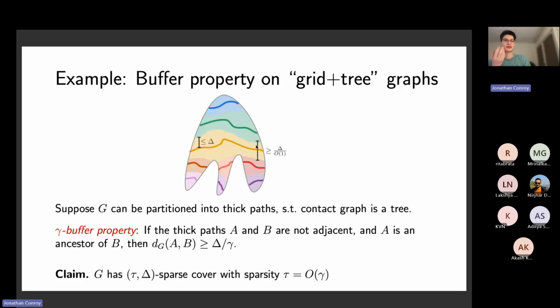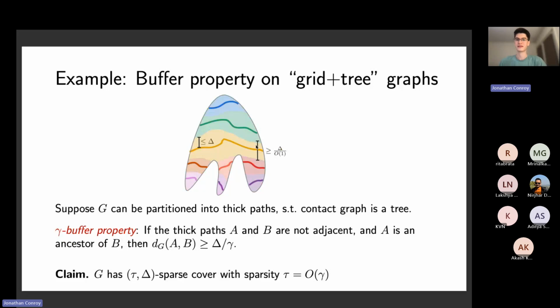So how do we define this gamma buffer property? Again, we say that either two thick paths are adjacent, or they're separated by distance at least delta divided by gamma. But now we have to impose the condition that this only applies when one of the thick paths is an ancestor of the other in this tree.